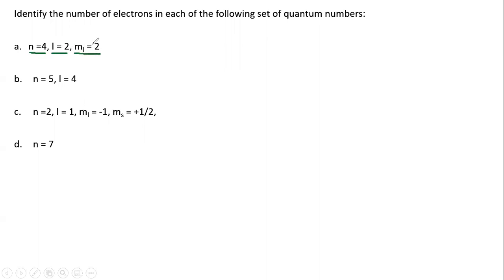Now remember, for each m sub L value, there's only 2 electrons that occupy it, because of the m sub s values, one is plus a half and one is minus a half. So for each m sub L value, you have 2 m sub s values. So when m sub L equals 2, it can only hold 2 electrons.